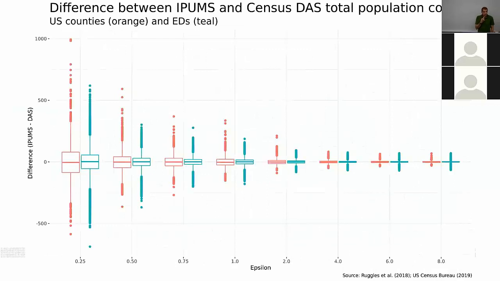This plot shows the difference. I simply took the difference between IPUMS, the true data, and the differentially private data, and I've done box plots here looking at that difference. The orange is for counties, and the teal is at the enumeration district level. Here you can see that the magnitude of the noise is essentially independent of the geographic unit.